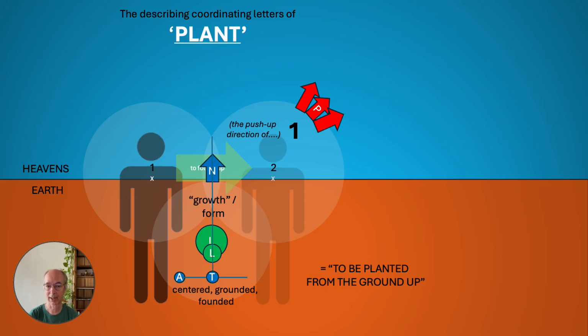And that's what a plant as a natural plant is, but it's also this idea of how it has been built up. So a plant is not just that nature thing, you can have any plant, or you can plant anything from that ground up in the same way. That's how the word plant fits with all these different meanings.